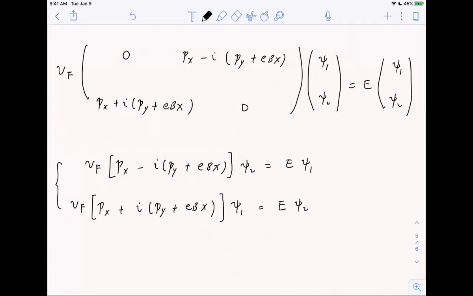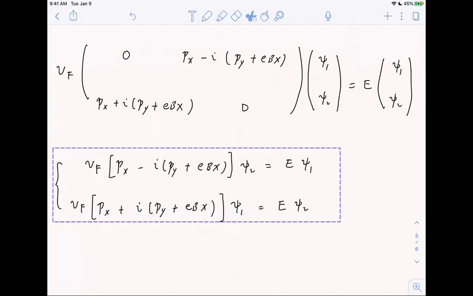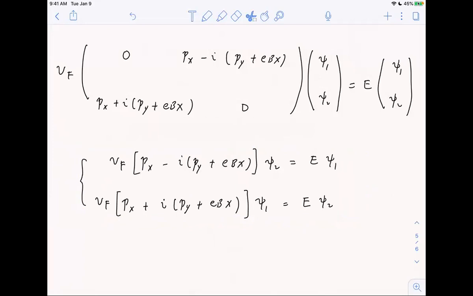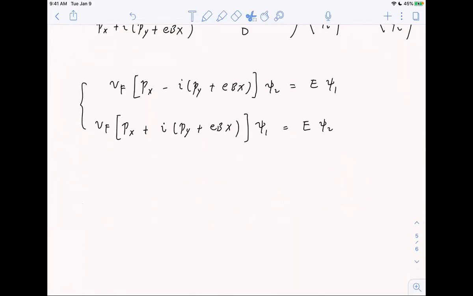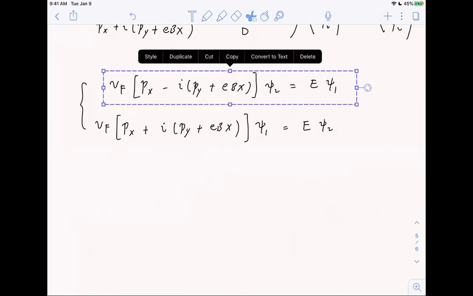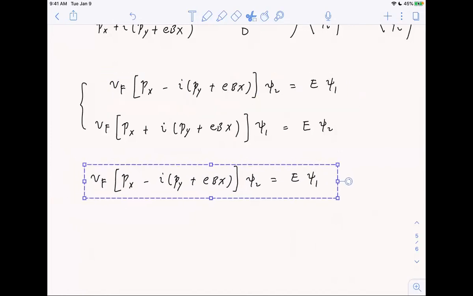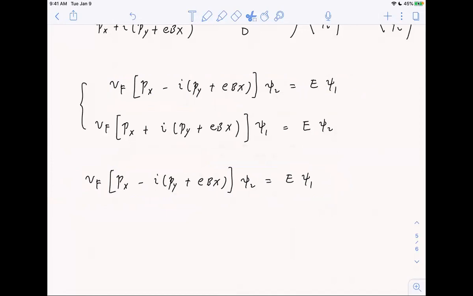Okay, you have a set of these two equations. Then we're going to solve it. It's actually not very difficult. So from the first equation, you can already get, let me see, you just move this here.